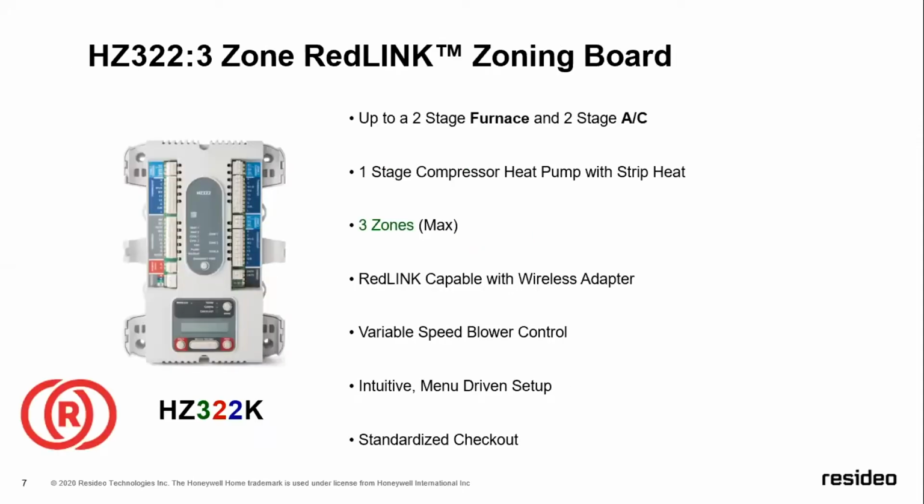Now, the HZ322 is our 3-zone board, and in addition to being a very versatile board that you're able to configure, it does have RedLINK capabilities. So you're going to be able to utilize a 2-stage furnace with this, as well as a 2-stage AC.